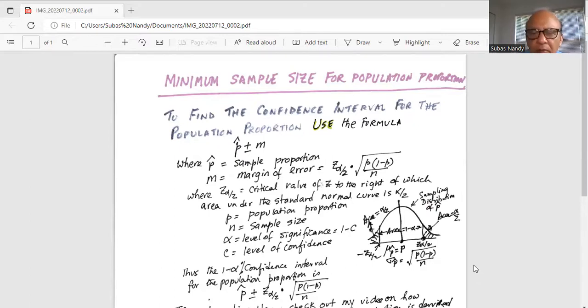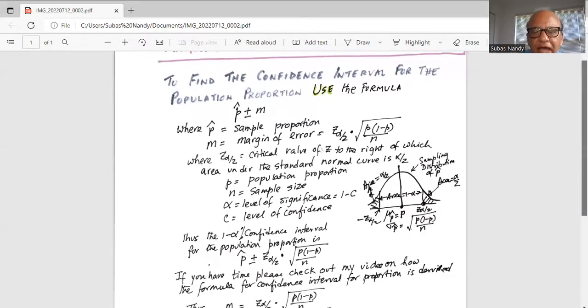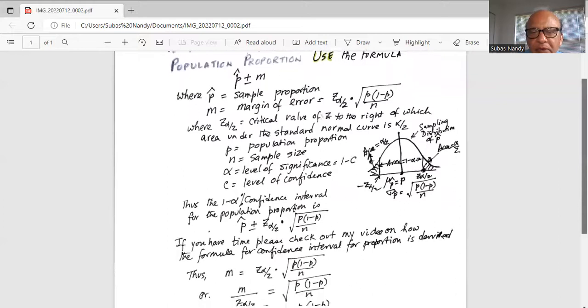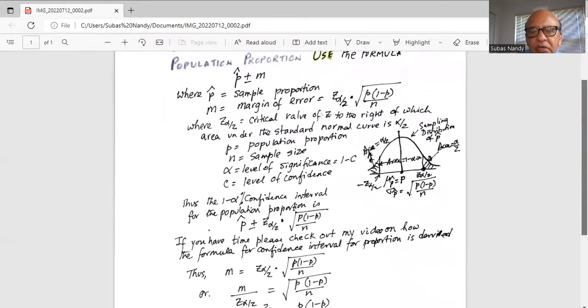Thus, with 1 minus alpha or C% confidence level, we can state that the confidence interval for the population proportion is P hat, which is a sample proportion, plus minus Z alpha by 2 multiplied by square root of P times 1 minus P divided by N.